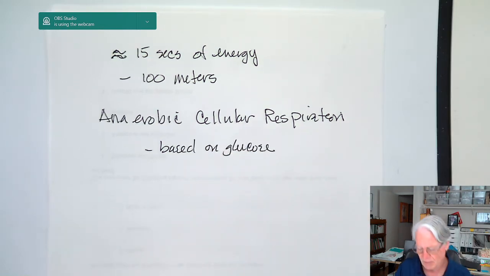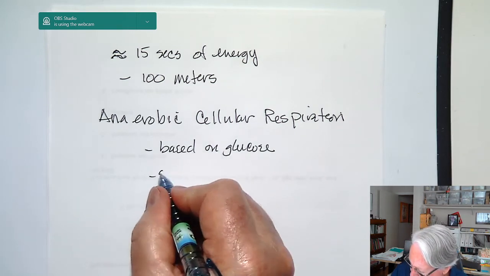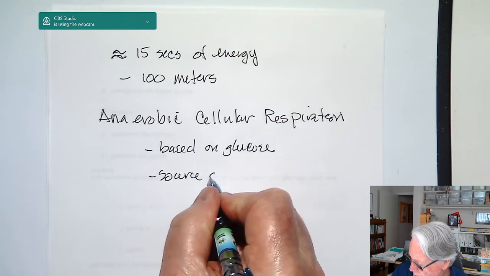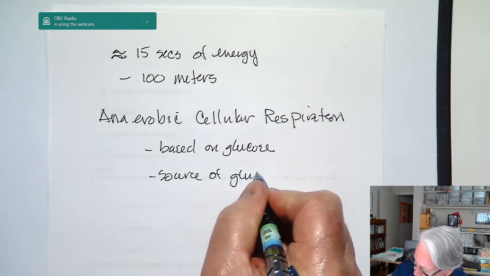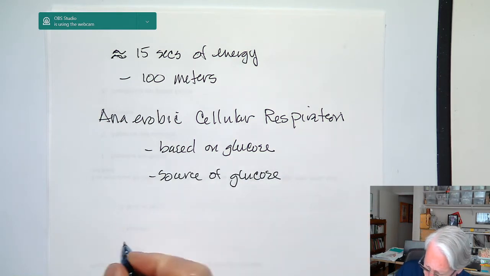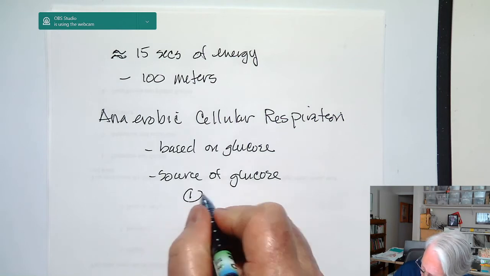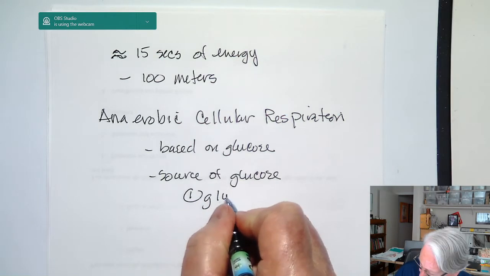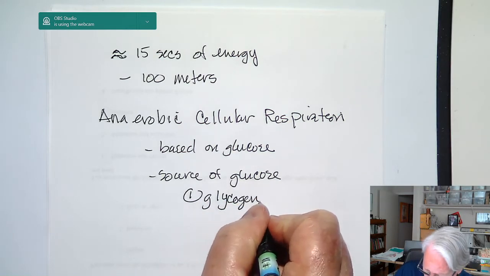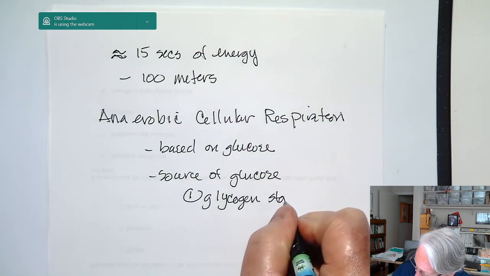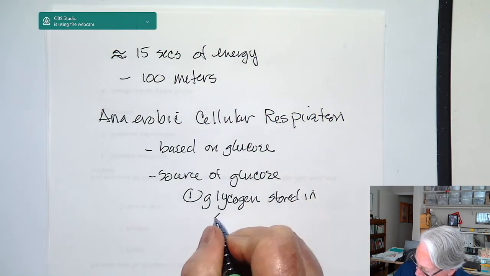Okay. And the source of glucose in muscle cells is number one, glycogen, which is stored in skeletal muscle, as we've discovered.